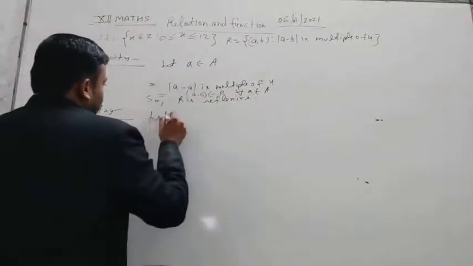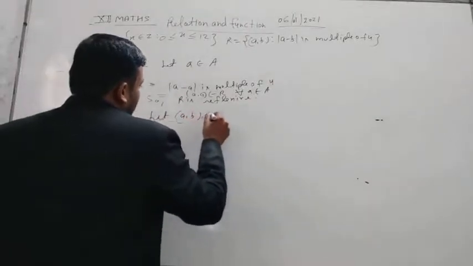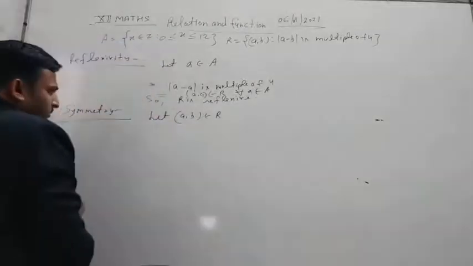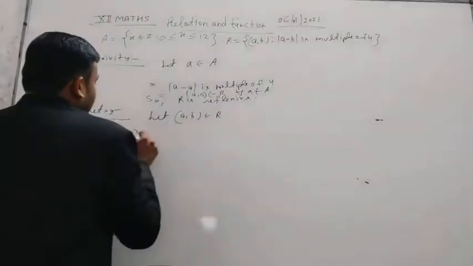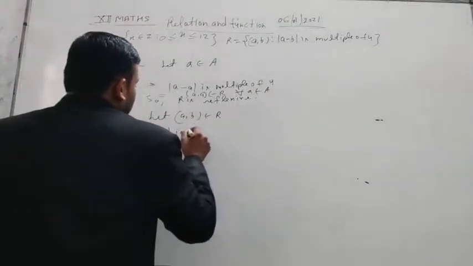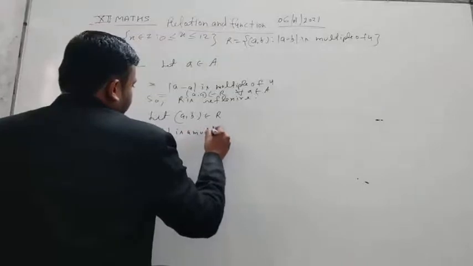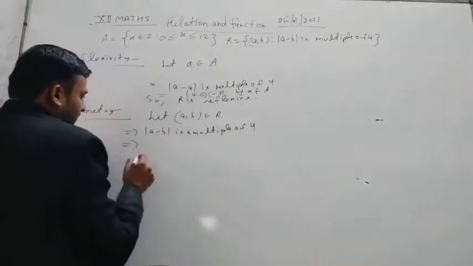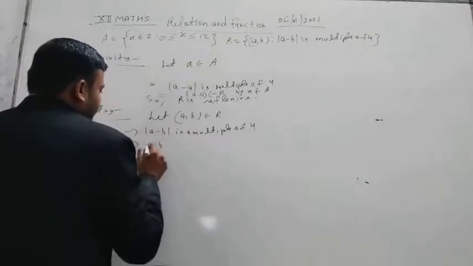Let (a, b) belong to R. We write the difference of these two is a multiple of 4 student. So we can write a minus b.